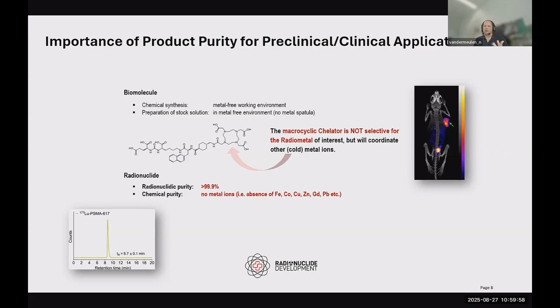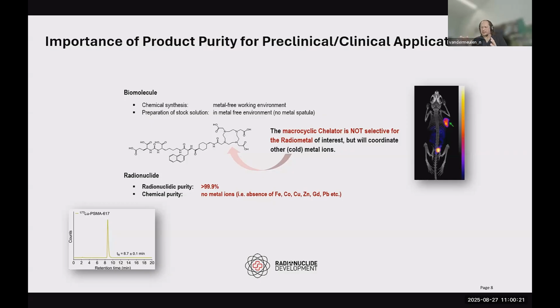So the things that immediately come to play are the likes of copper, zinc, etc., and iron that can interfere with your labeling process. While your chelator must not have any metals in it, so too your radionuclide mustn't have metals in it.